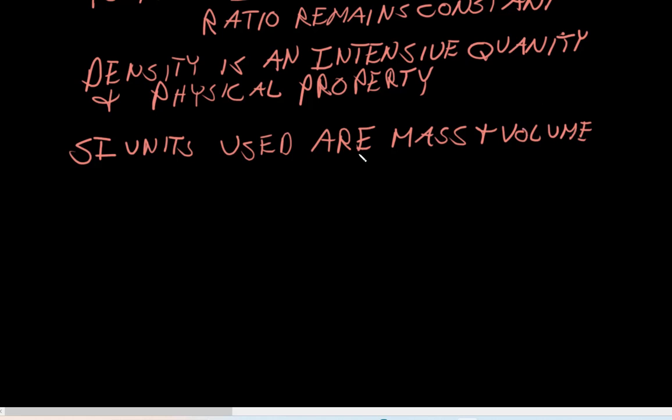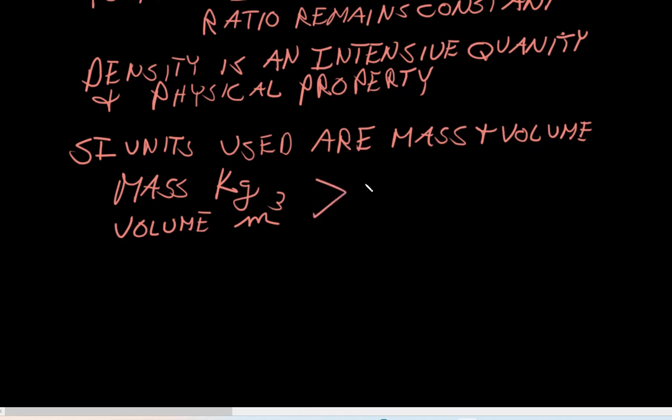The standard SI unit for mass is the kilogram. And the unit for volume in the metric system, the standard unit, is the cubic meter. So density, if we were to use these two, would be kilograms per cubic meter. Well, the problem with this is that kilograms and cubic meters are way too big.